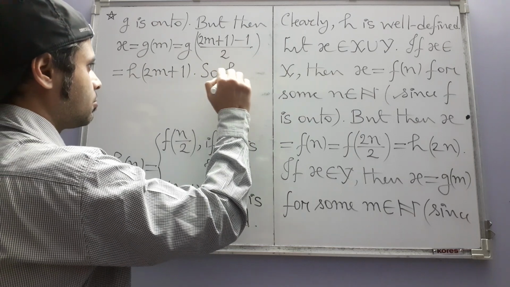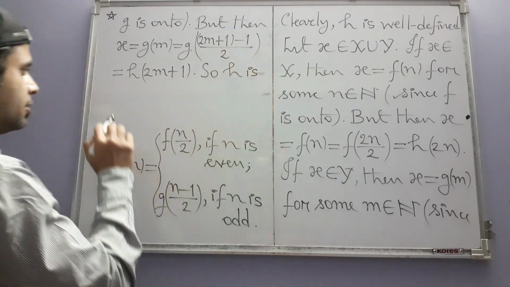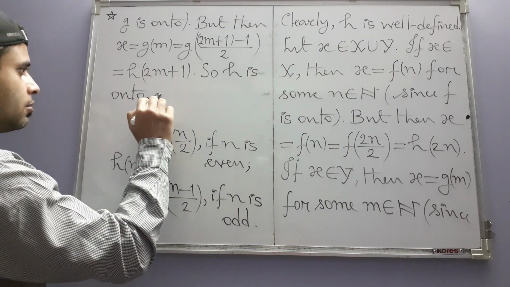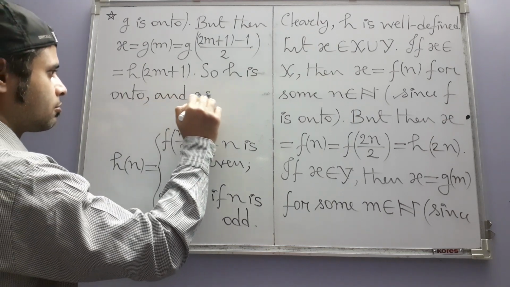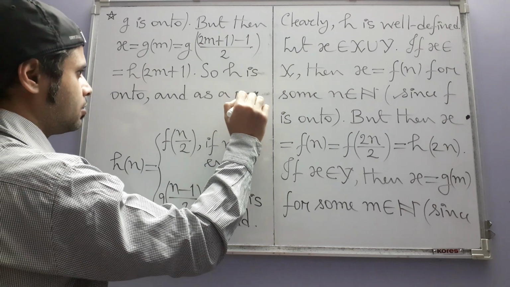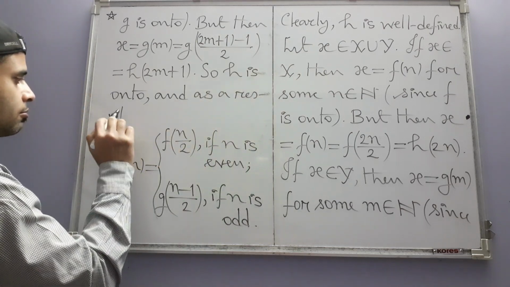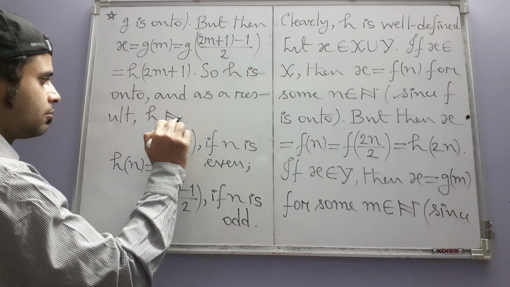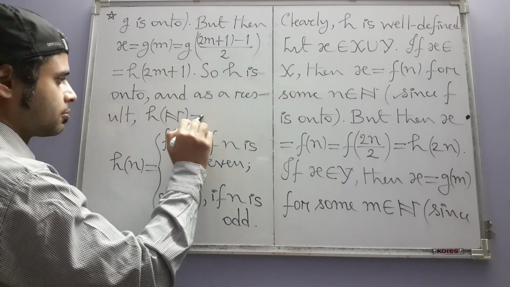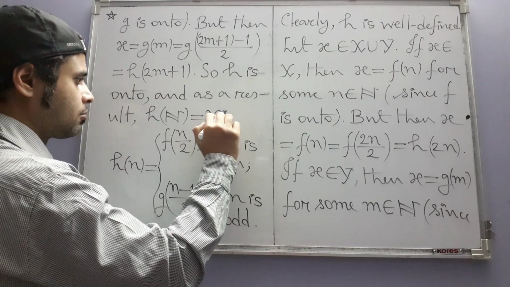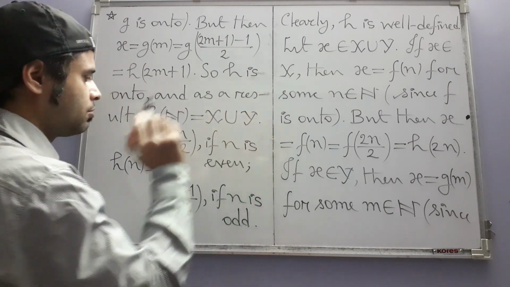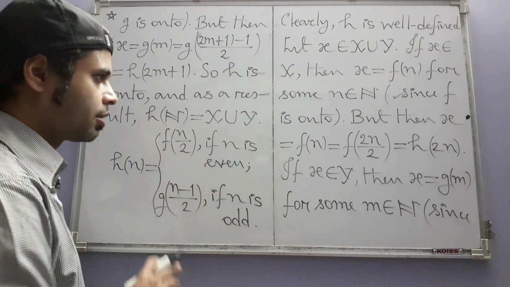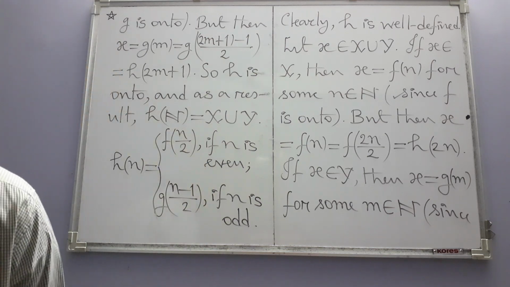So h is onto, and as a result h of N is X union Y. And now we invoke corollary 8.19, it was, no?